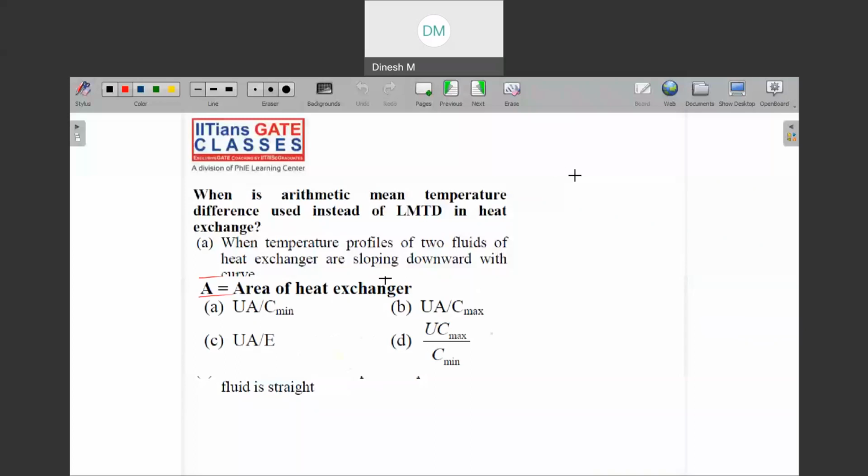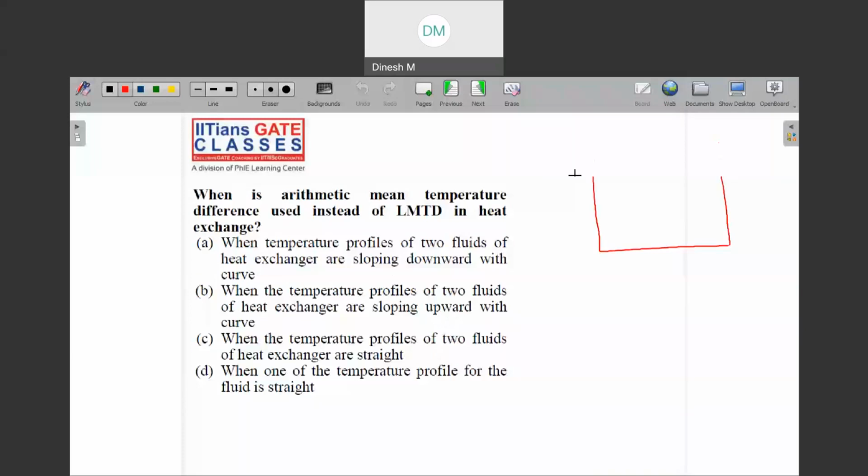If this is delta Ti and this is delta Te, then everywhere the difference was constant. Once this is constant, the difference between any two points is the same everywhere. So it will be nothing but a linear profile.